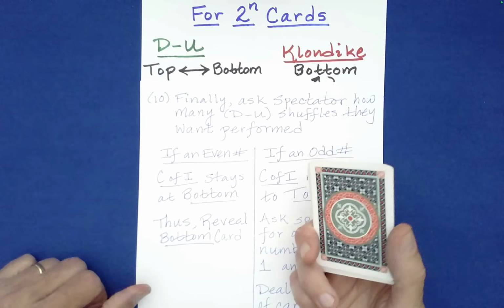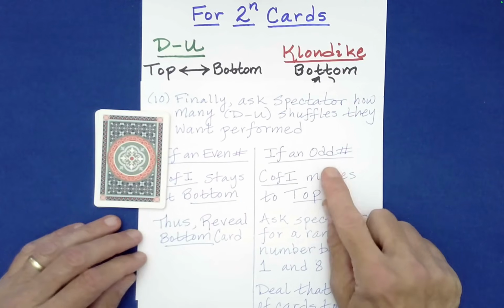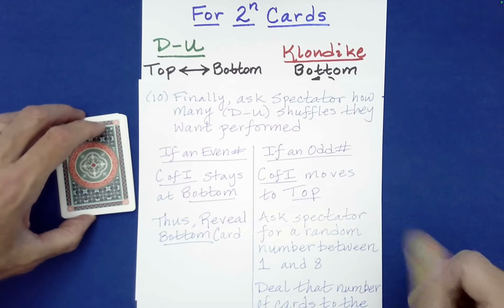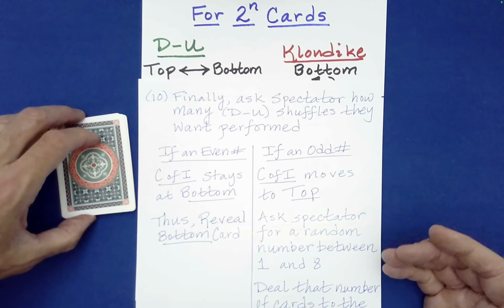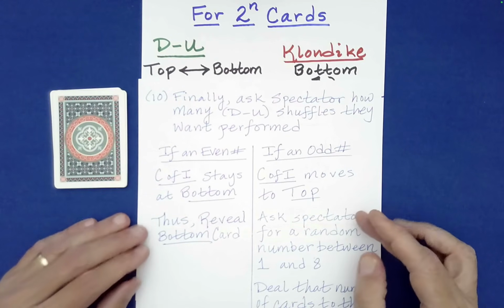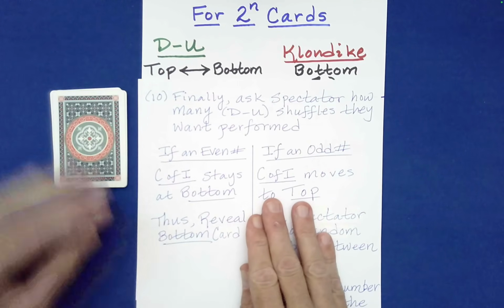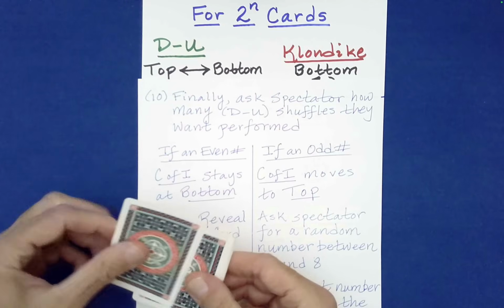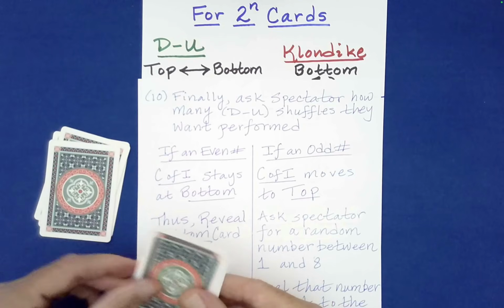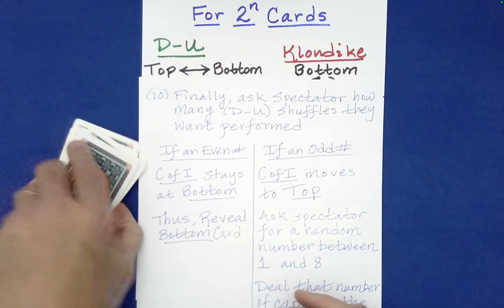You don't have to go with that written prediction. Now, what do you do if they ask for an odd number? Okay, because they could have asked for just 1 down under, or 3 or 5. So the thing to do there is just pull the same little stunt that we pulled off earlier. So if they asked for an odd number, so just 1 of them, then of course the joker will now be at the top, which is not necessarily where we want it for our written prediction.